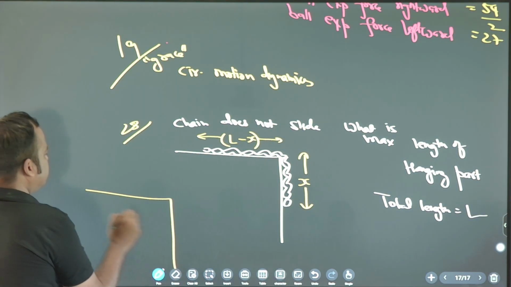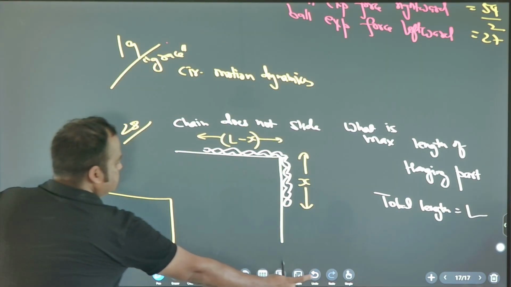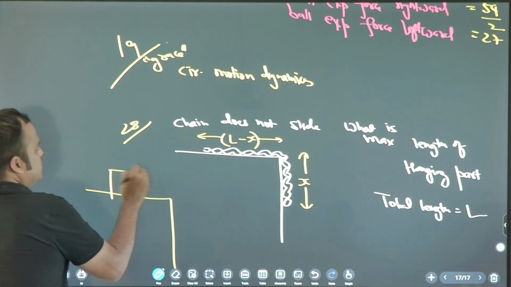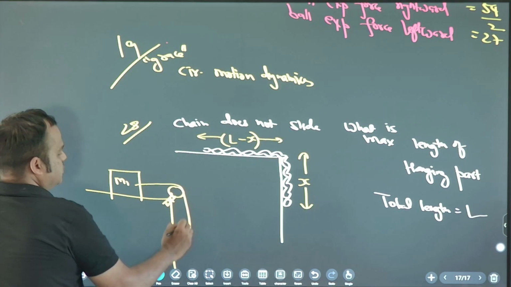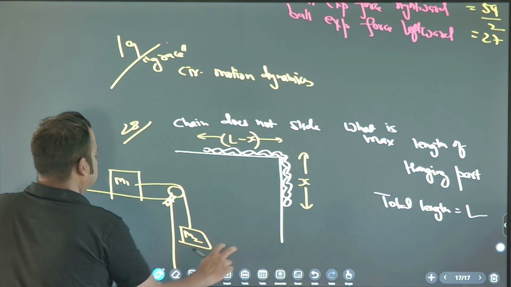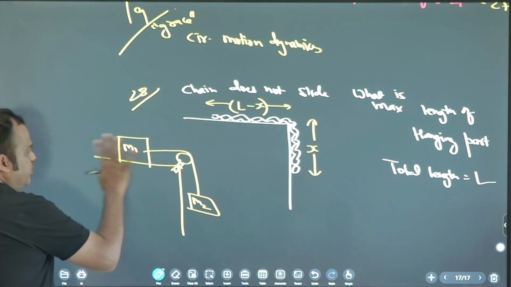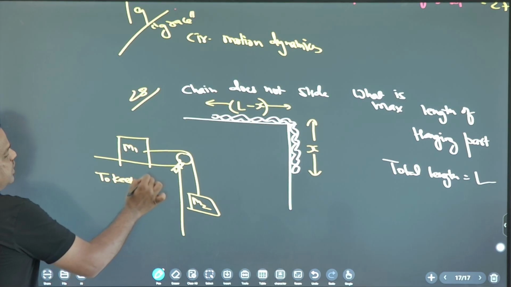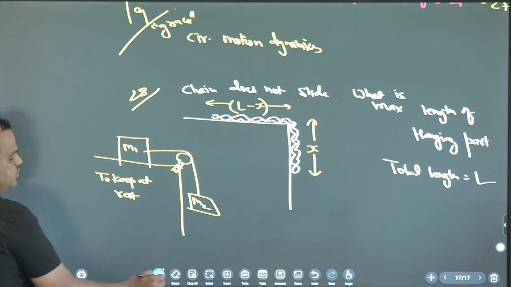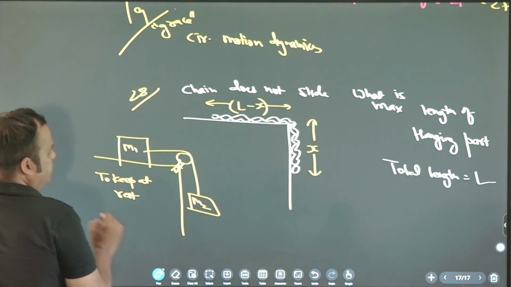So we have the formula. You remember that two blocks are there. Suppose this block is M1 and this block is M2. I want to keep it at rest. What is the condition to keep it at rest? Tell me.